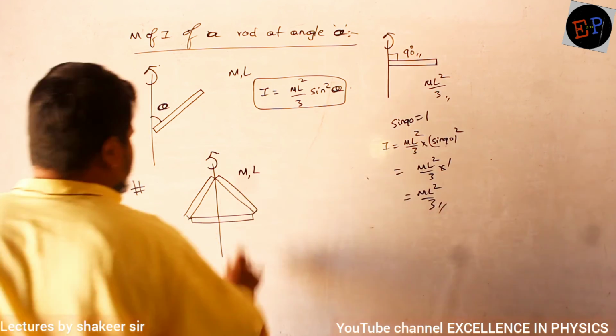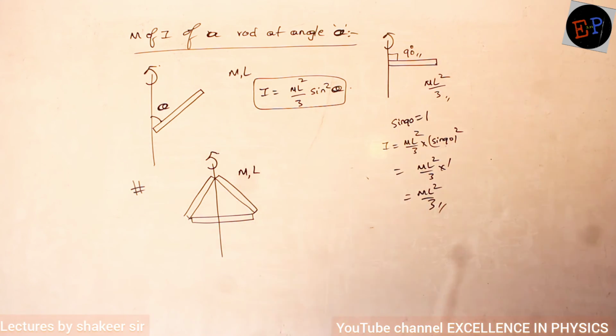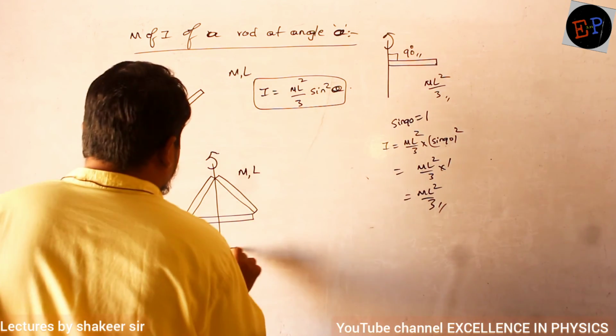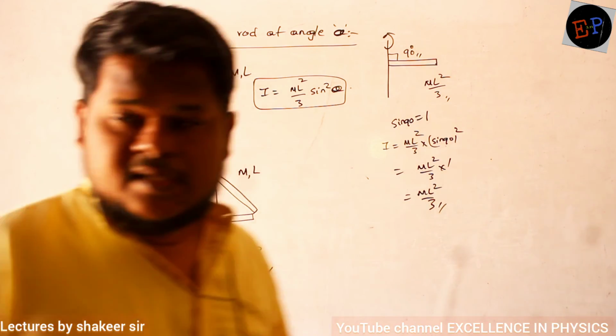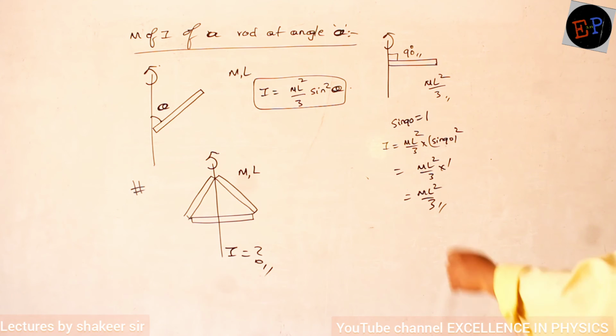The mass of each rod is m and the length of each rod is l. Find out the moment of inertia I. That is the question. In this type of question, this relation will be useful for you.